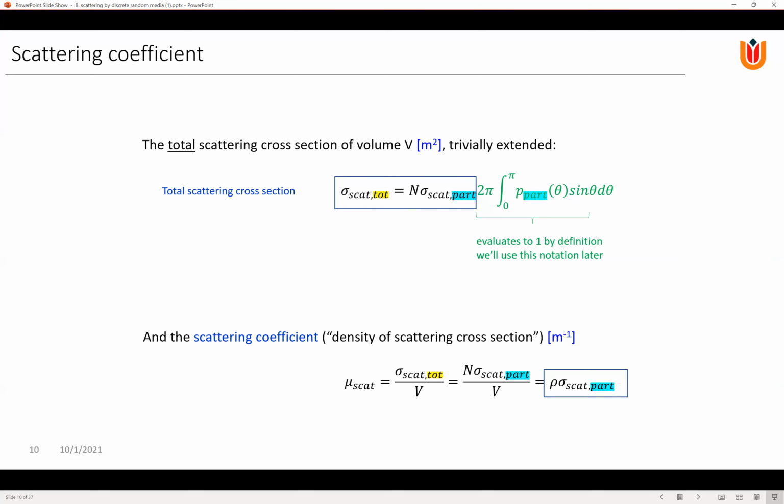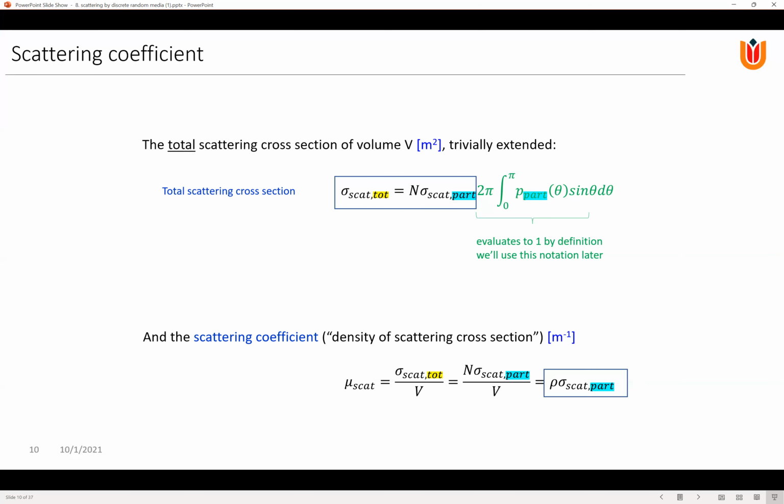And then the last point is the scattering coefficient. This would be the total scattering cross-section of n particles, so just adding n of these particles. The scattering coefficient, so if you like, the density of scattering cross-section, is calculated in this way. You take the total scattering cross-section obtained in this way, divided by the volume in which the scatterers are located.